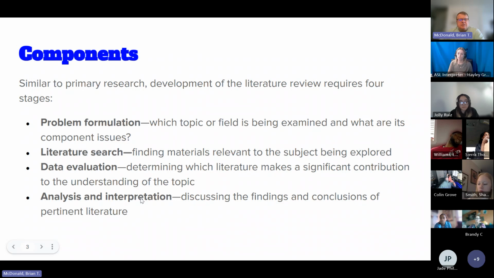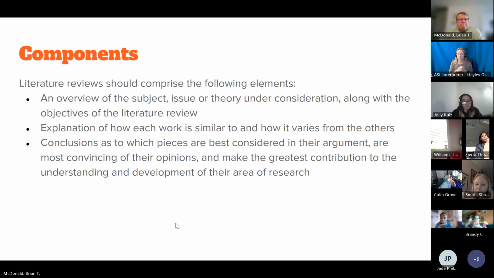So thinking about analysis and interpretation, thinking about data evaluation, let's land on that fourth bullet. A literature review should comprise the following: an overview, an explanation, and drawing a conclusion. I'm not going to go through those three bullet points; you can go through those on your own.